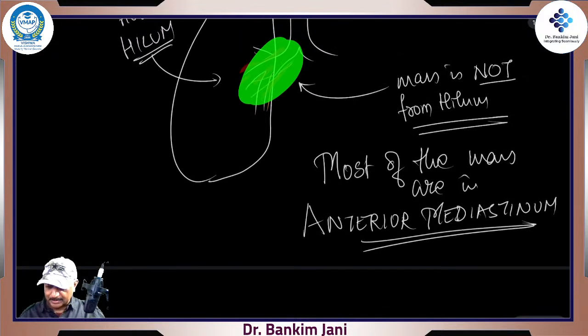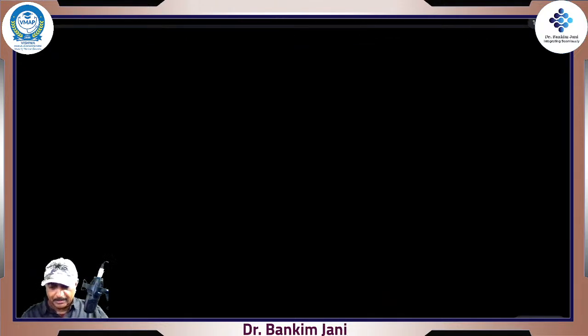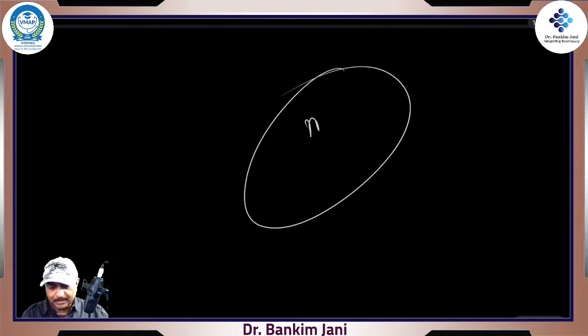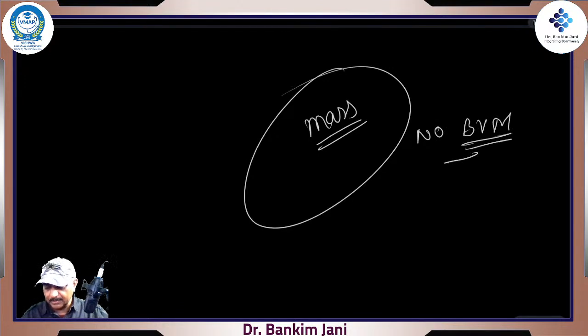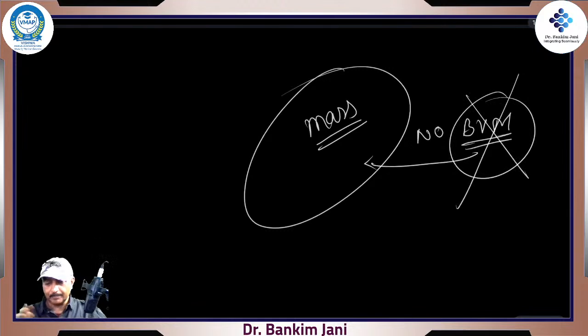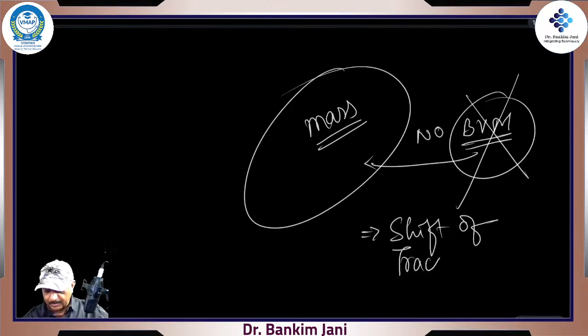Now in the mass, you won't be watching any BVM. This is the mass, and in the mass there are no bronchovascular markings. And you can see the shift of the trachea.